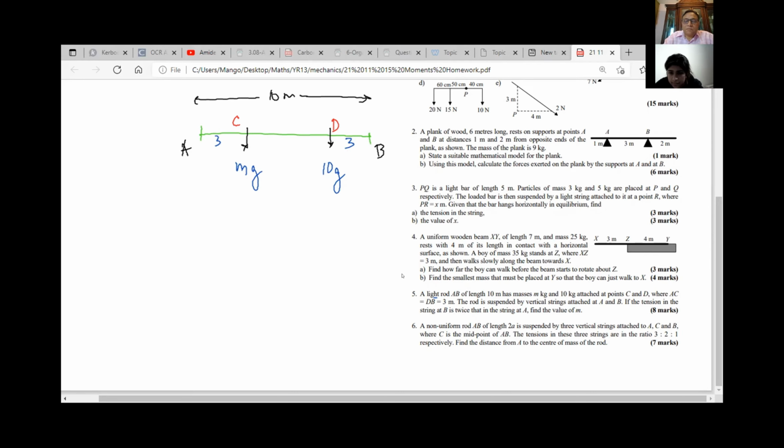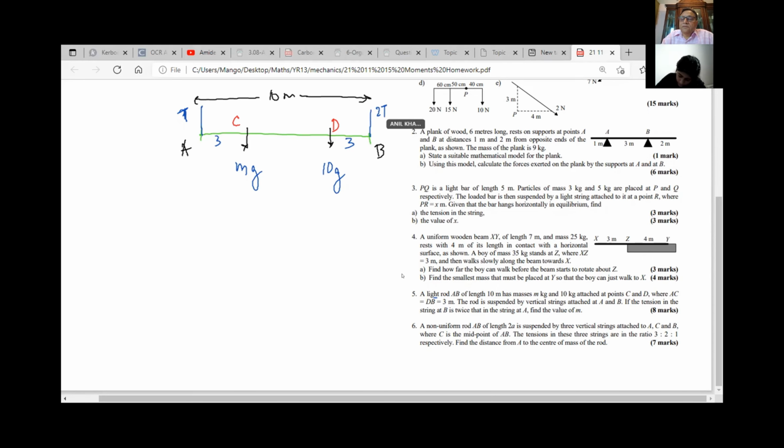The rod is suspended by a vertical string attached at A and B. So we have a vertical string attached here and also here.